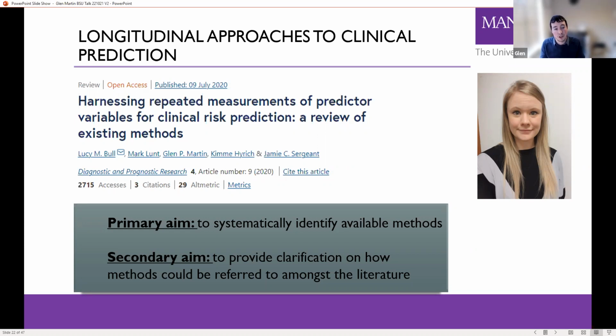And one of the early pieces of work that Lucy did was this review that was published just shy of a year ago that looked at identifying available methods that could handle longitudinal data in a risk prediction context, specifically with the aim of trying to provide clarity and some guidance around what methods are available and what methods are appropriate for different prediction tasks.